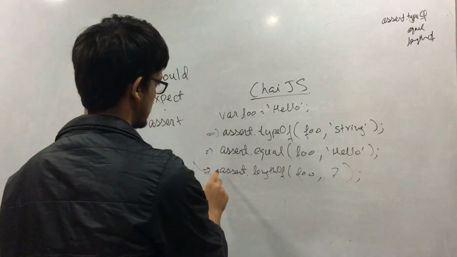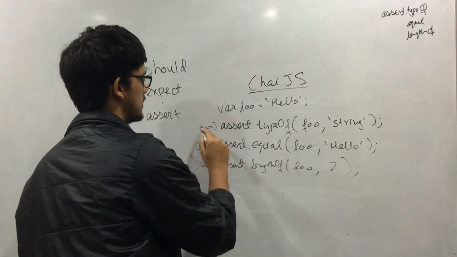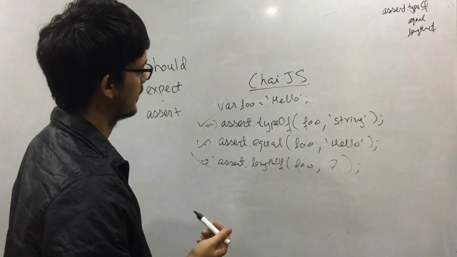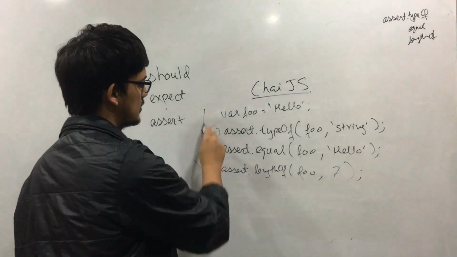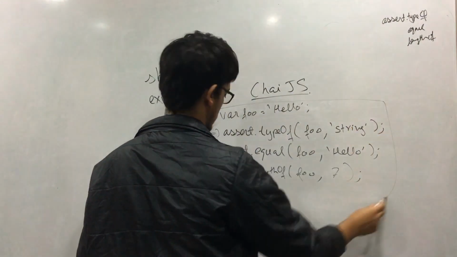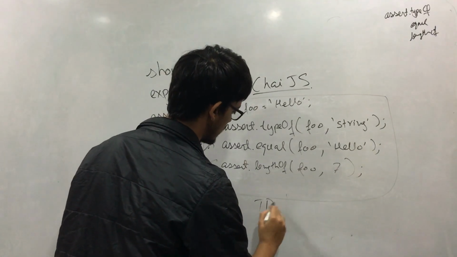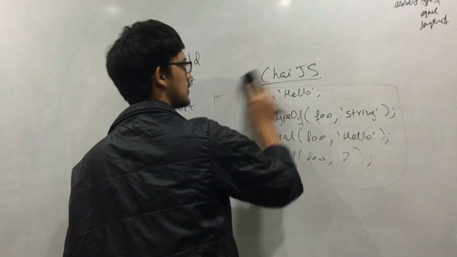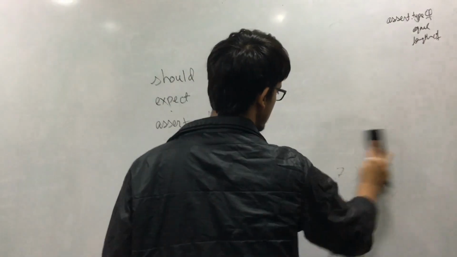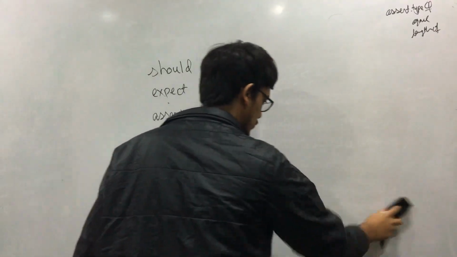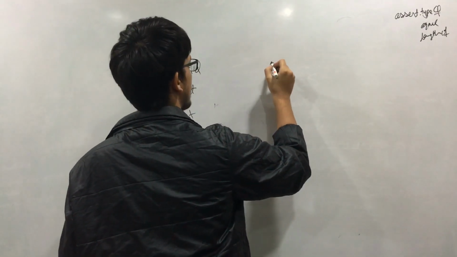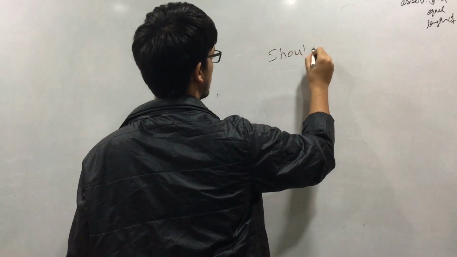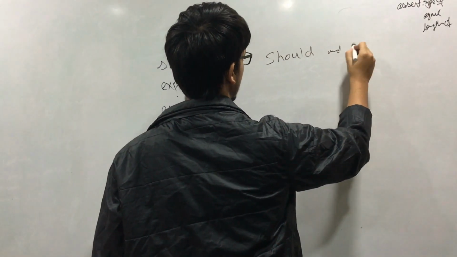So in this case the test case might fail, and in this case the test case might assert correctly. So this was assertion in TDD style of development. Now let's focus on BDD style of development, which gives you two functionalities called should and expect.